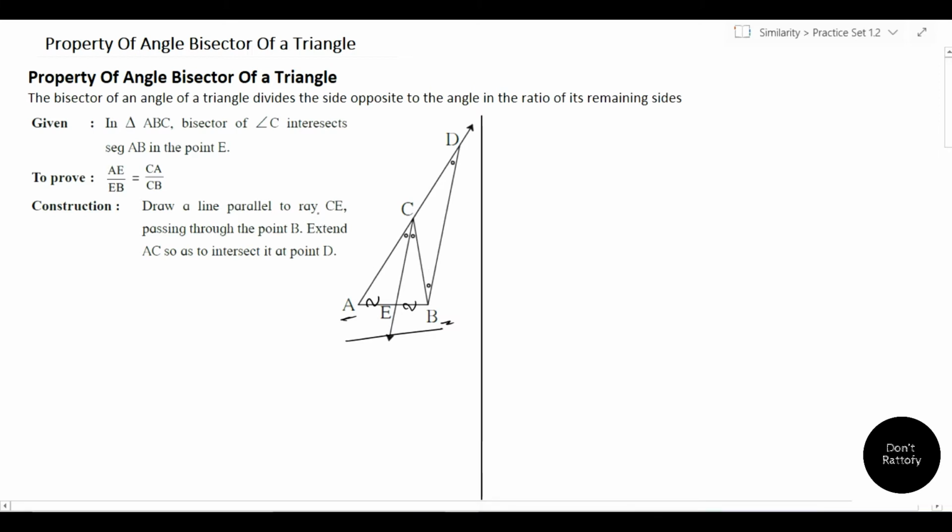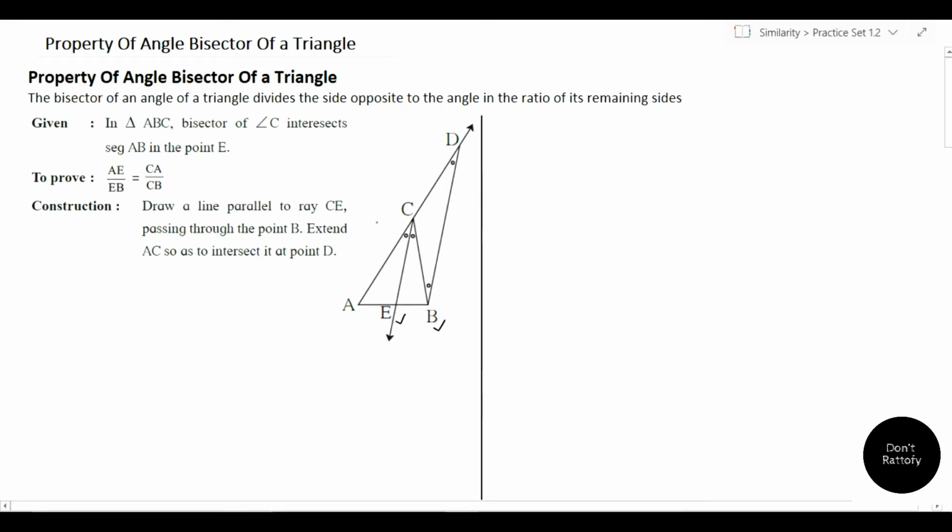Now to do that, we have to construct the following things. The construction would be: I have to construct a line from B which is parallel to CE. I have to construct a ray that is parallel to CE.